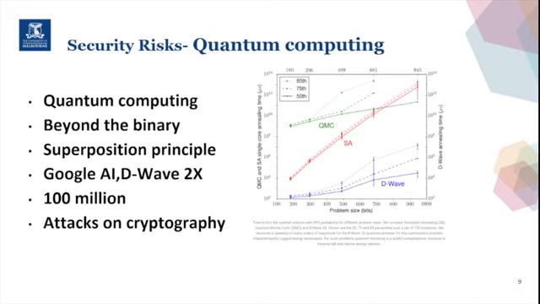As you can see in the picture from the Google AI blog, a quantum computer named D-Wave 2X can be 100 million times faster than a normal computer at solving the same problems. It still has a high cost, and it has to work at a really low temperature.